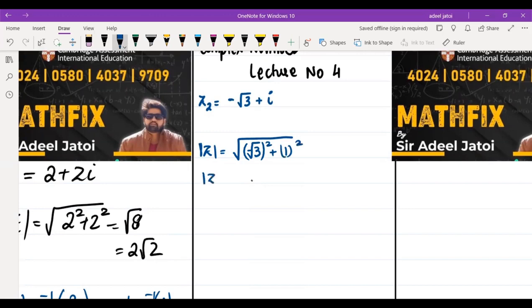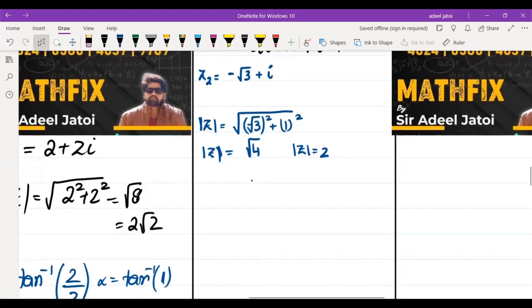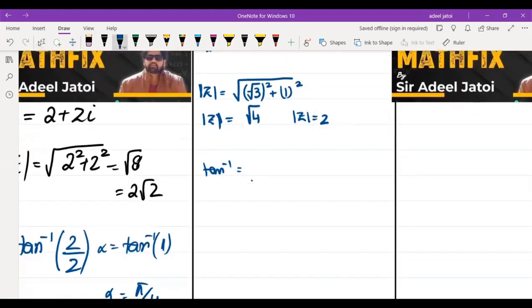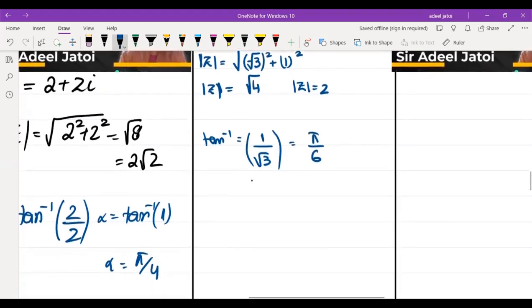So the modulus of Z will be under root 4, which means it should be 2. Whereas tan inverse should be 1 upon under root 3. 1 upon under root 3 is pi upon 6.